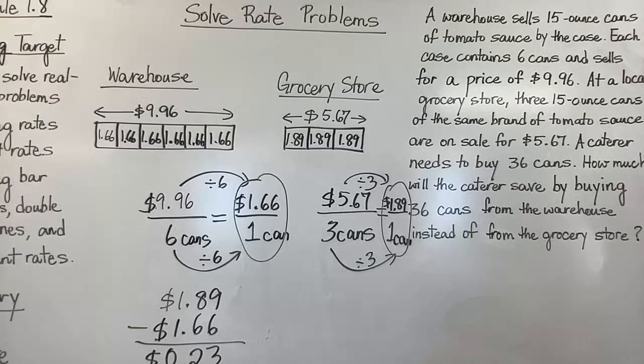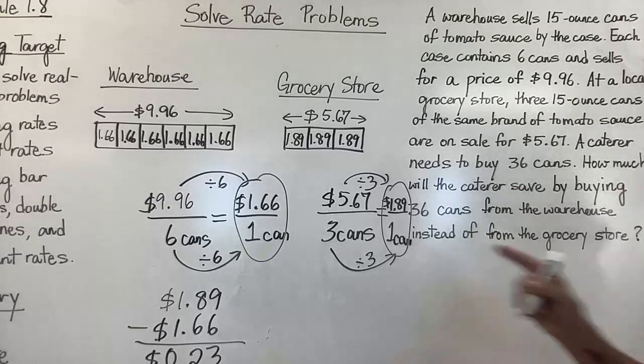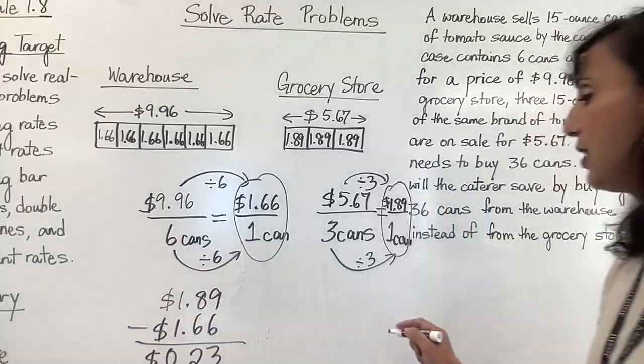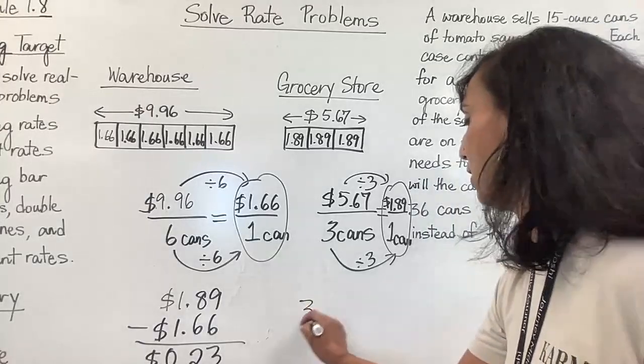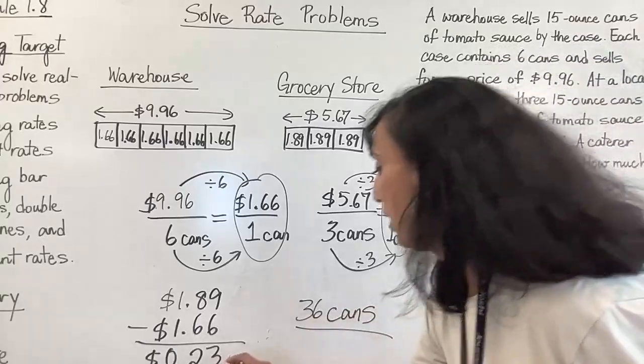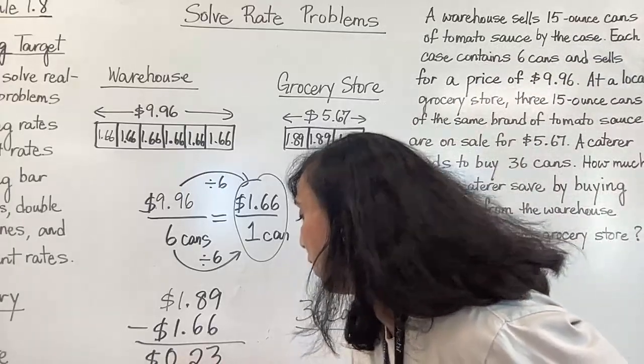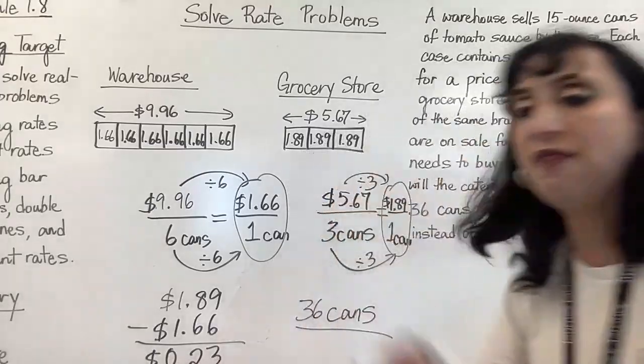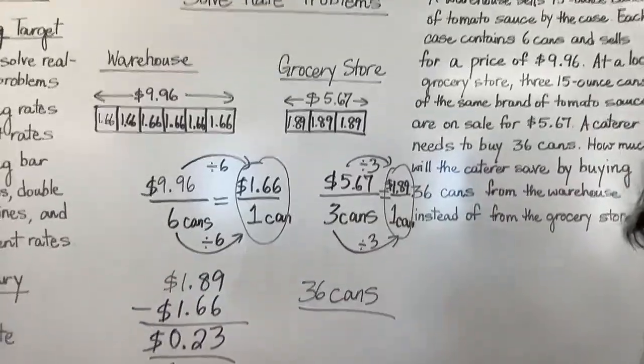So to buy 36 cans, because this is per can, for 36 we are going to multiply, because that is for 1 can. For 1 can, that's how much he's saving.